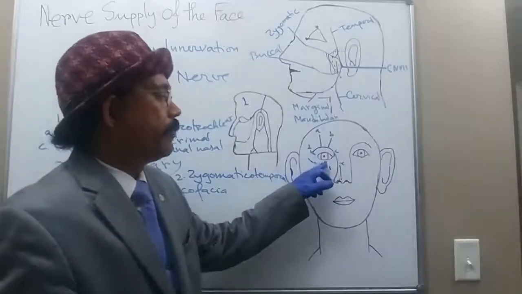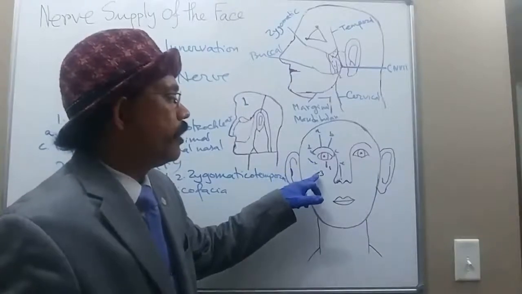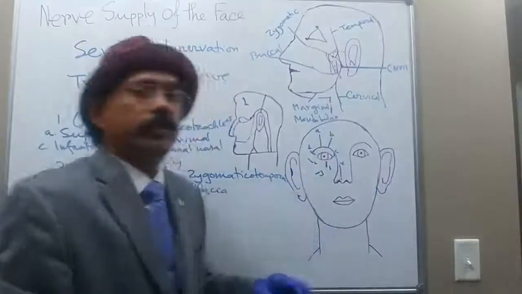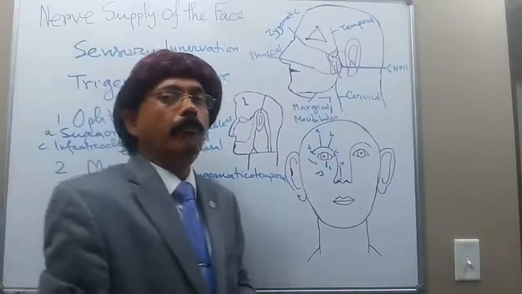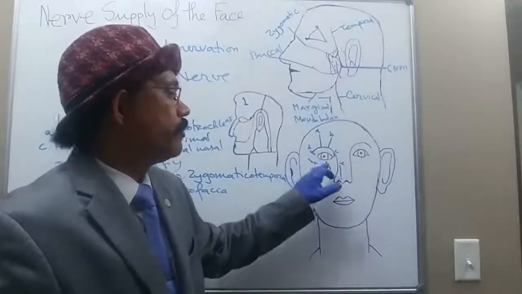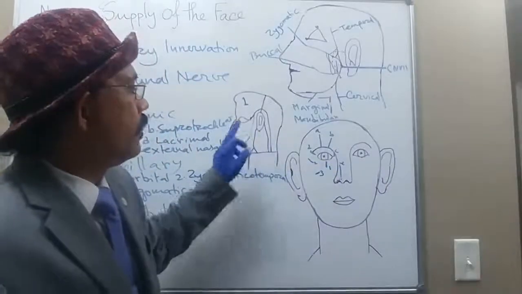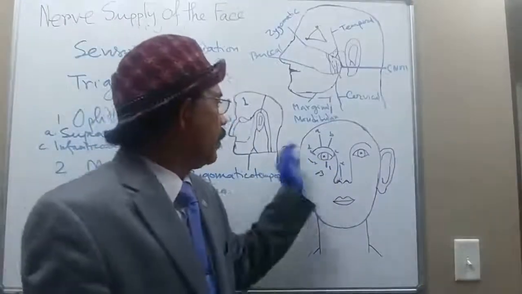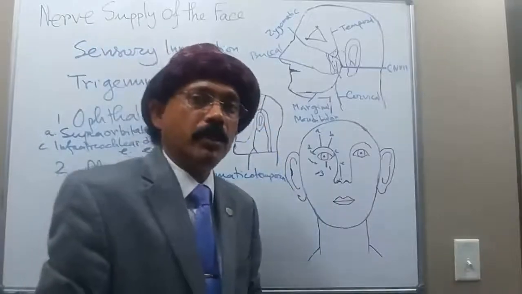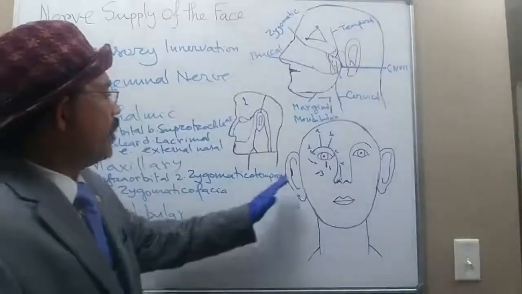So infraorbital, zygomatico-temporal, zygomatico-facial branches, three branches of the maxillary division of trigeminal nerve. This picks up sensation from the lower eyelid and this part of the face, and cutaneous sensation, that means pain, touch, temperature. Okay. Then we'll go to the mandibular division.